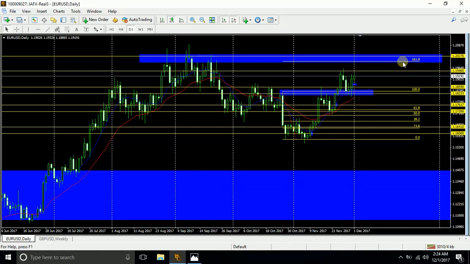So this Fibonacci number here is technically in space. But we'll also, of course, get a pattern. So it doesn't matter. We'll get a pattern there. It's going to be at this 161.8 or this 2276.